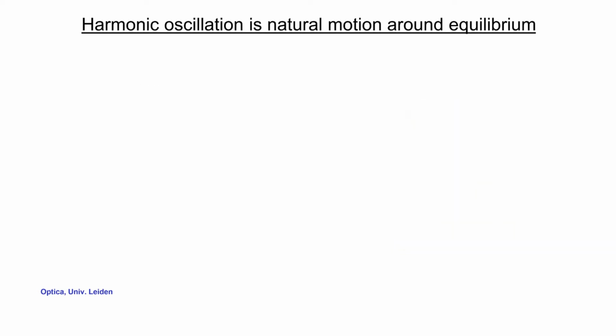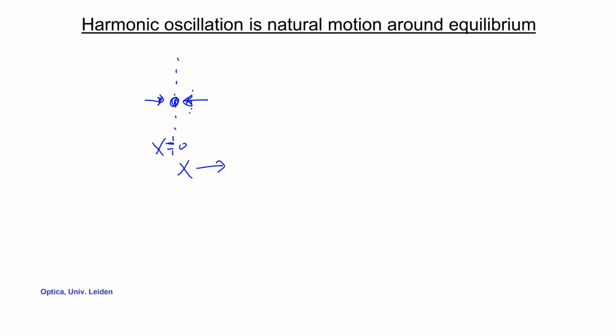The harmonic oscillation is so common in nature because it describes the motion of an object around its equilibrium. So suppose we have equilibrium at position x is 0, and wonder what will happen if the object is a little bit more to the right or to the left of this equilibrium. Well, because it's an equilibrium, you expect a force back towards the equilibrium point.